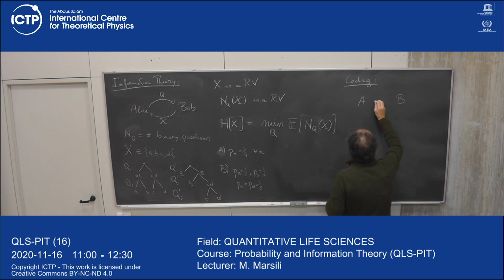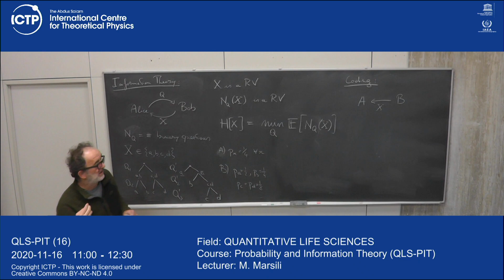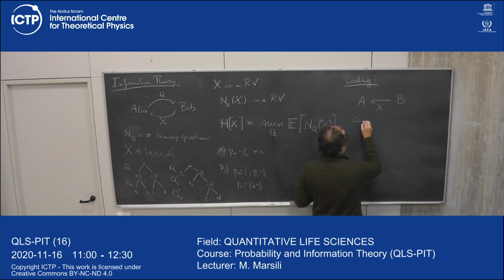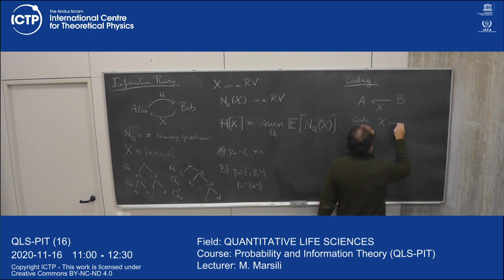But now the problem is that Bob is communicating the value of X to Alice, but this communication takes place on a binary channel. Okay, and the way it works is that they decide on a code. A code is a function that associates to each of the values of X a string of bits.